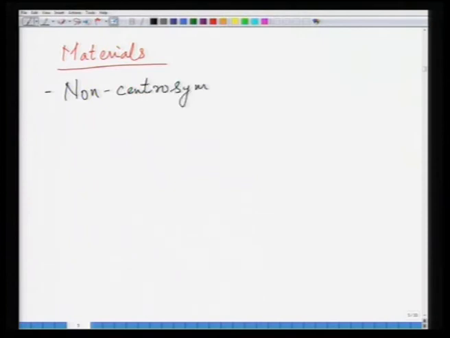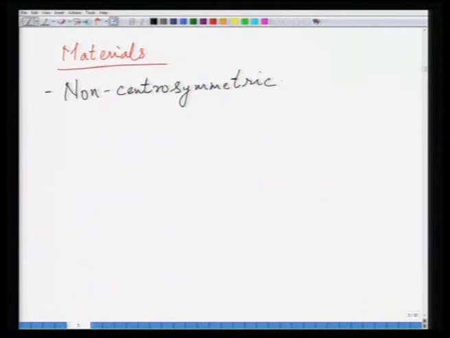So, how do you express this effect? First of all, what sort of materials show this effect? Firstly, the materials need to be non-centrosymmetric. And this we have already discussed in the beginning of module 5.